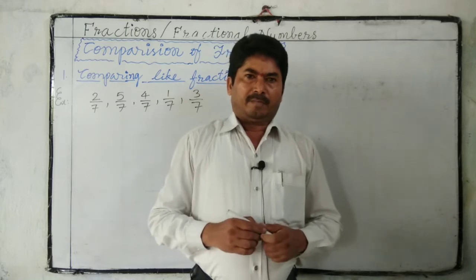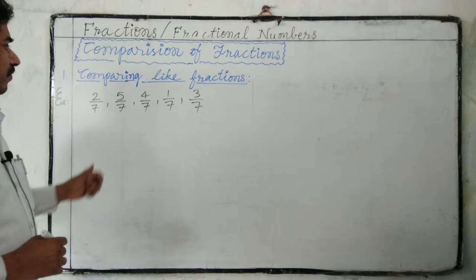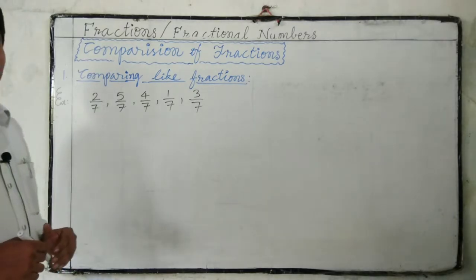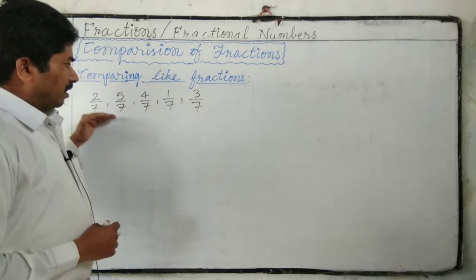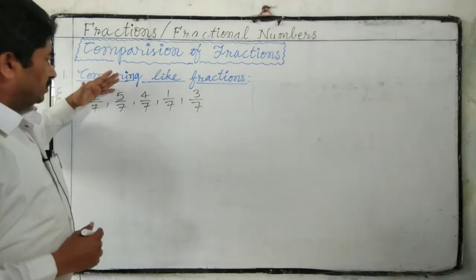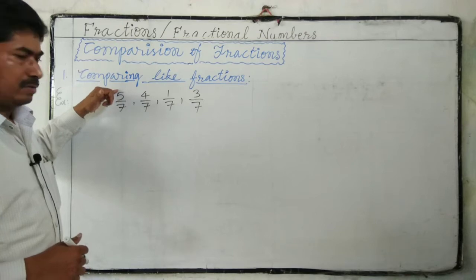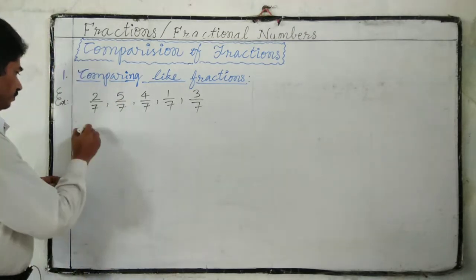Here we have a rule to identify which is the largest. In given like fractions, the fraction with the greatest numerator is the greatest fraction.